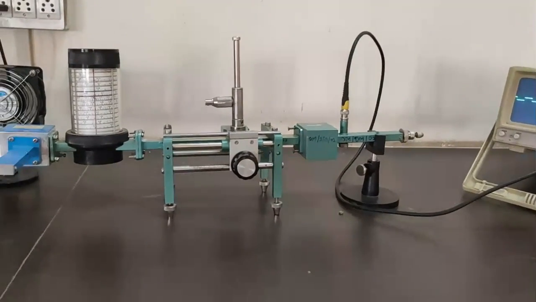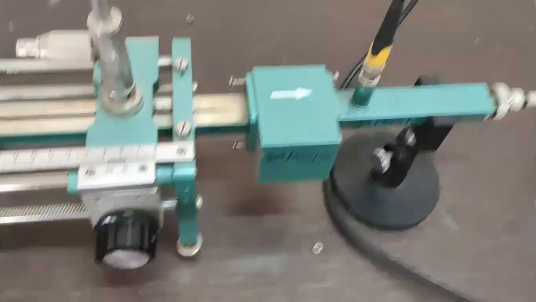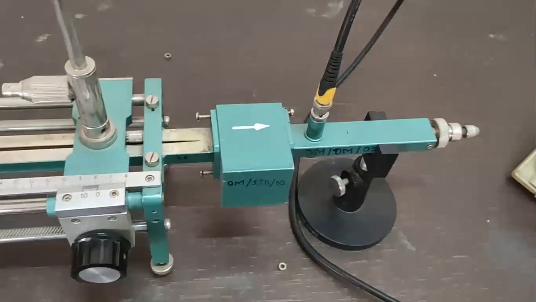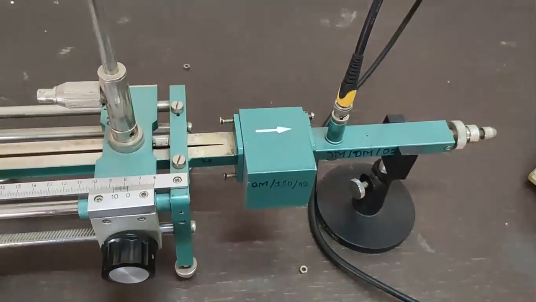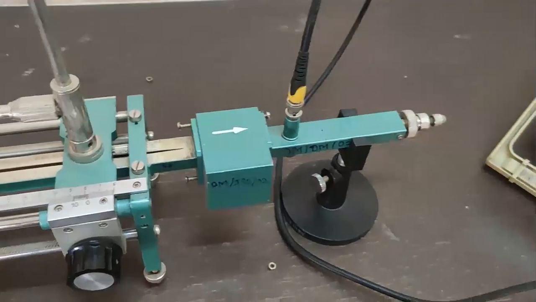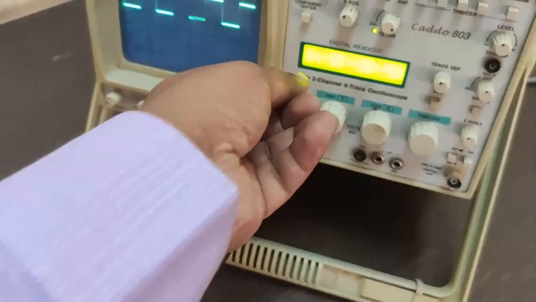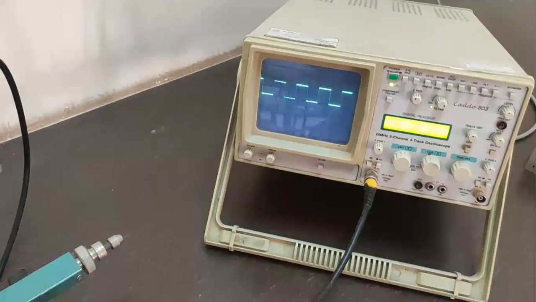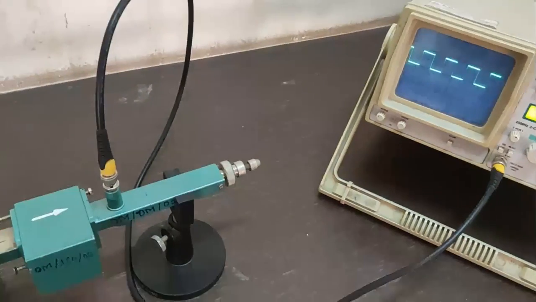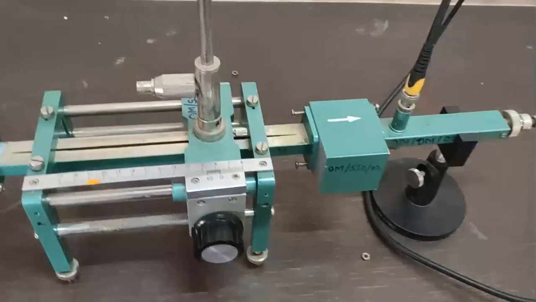For finding V12, you keep the isolator in this position, meaning port 1 is connected to the slotted section and port 2 is connected to the detector mount. Then you can find V12, which is equal to V2, that is 1.8 multiplied by 0.5 volt, so it is equal to 0.9 volt. So this is the value of V12 you are getting.